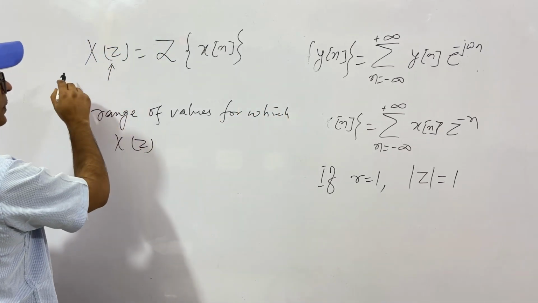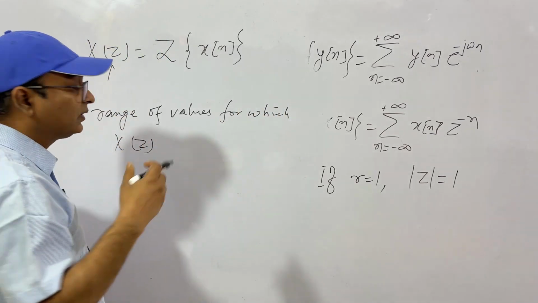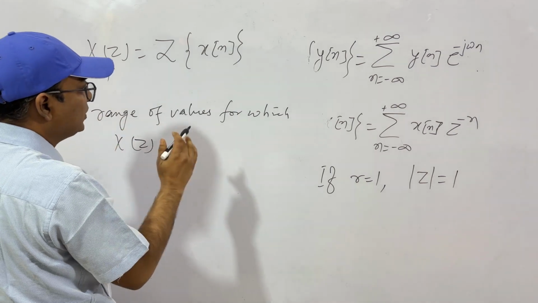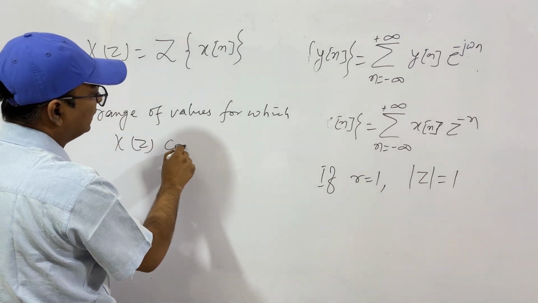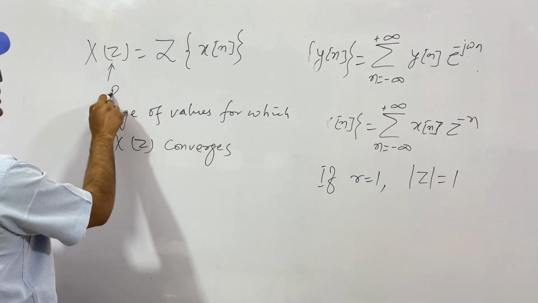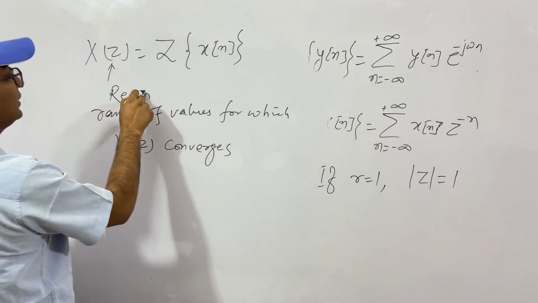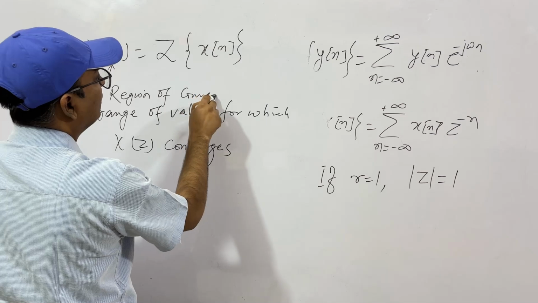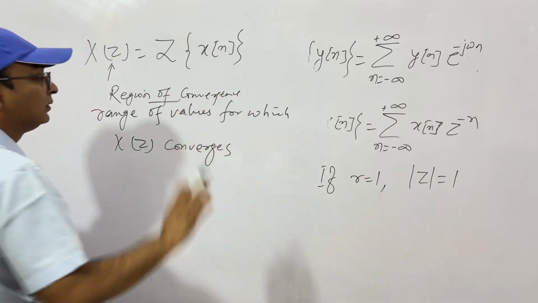This is a function, and obviously a function will converge or diverge, so there will be a range of values for which X(z) converges. This range of values is called the region of convergence. Okay, this is the definition.